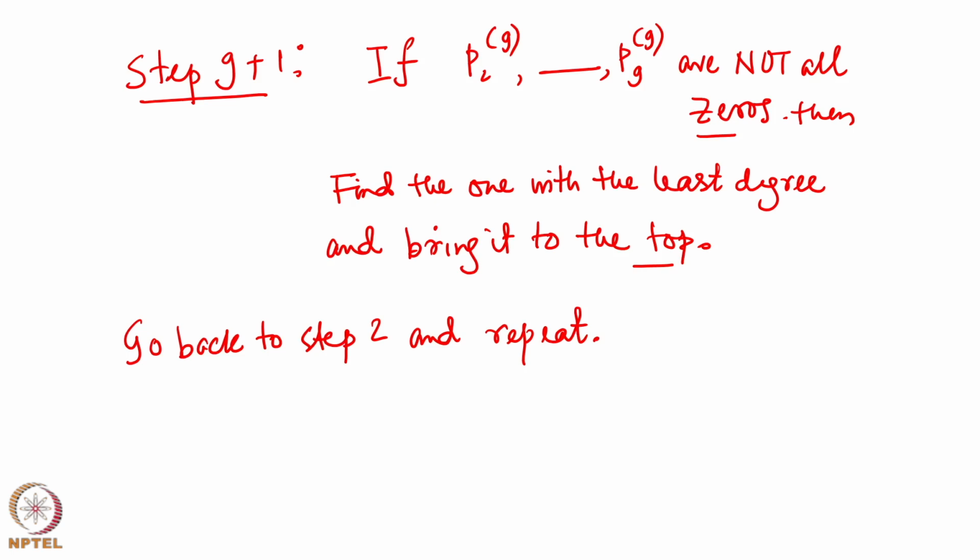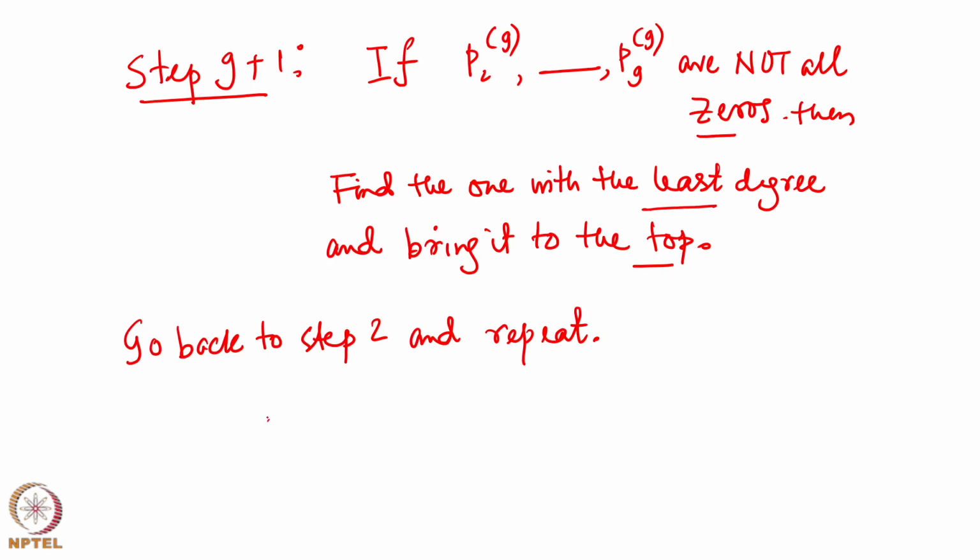After step 2g, barring the first polynomial, the other ones from index 2, 3, 4 up to g will all have degrees strictly less than the degree of the first one, which was once again strictly less than the degree of the one that I had started with.